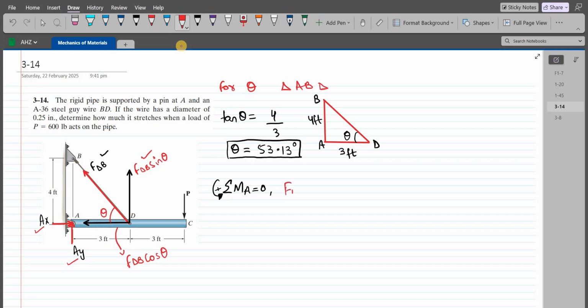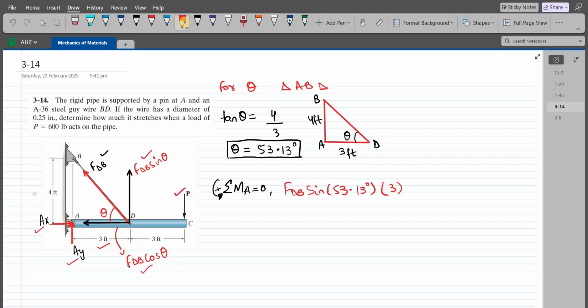So we have FDB sin theta, and theta is 53.13 degrees, and the moment arm is this 3 foot distance. The line of action of FDB cos theta, which is the horizontal component, is also passing through the point A. So FDB cos theta will not produce any moment about point A.